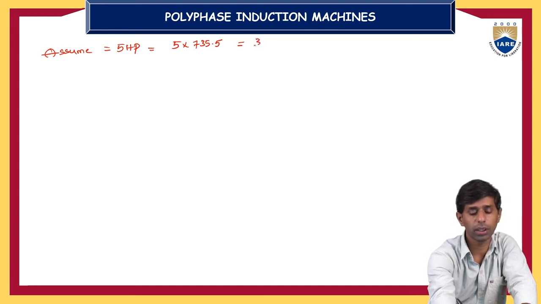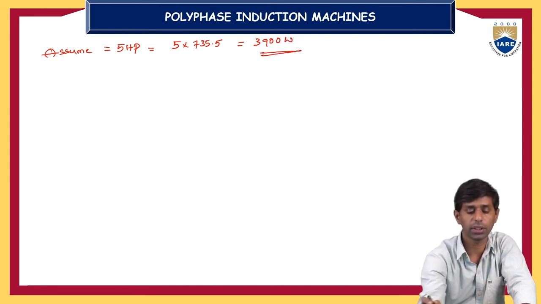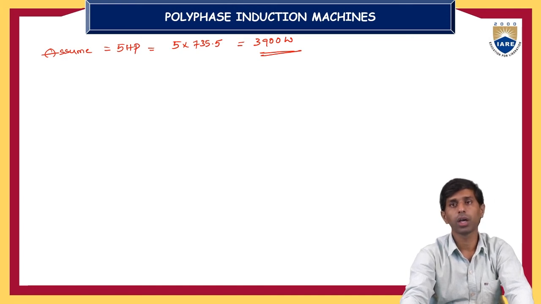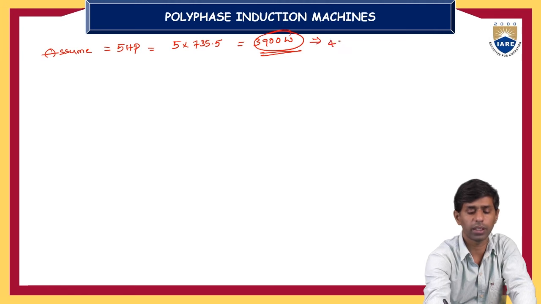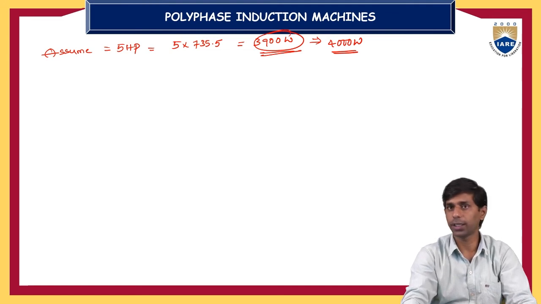Around 3,900 watts. Is it right? 35 plus, around 4,000. Let it be, I am assuming it is nearly equal to 4,000. Make it a round figure for easier calculation.